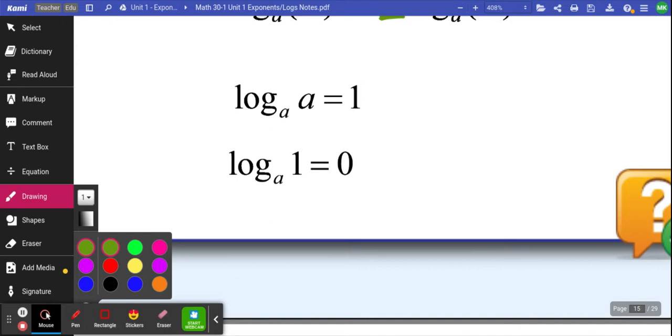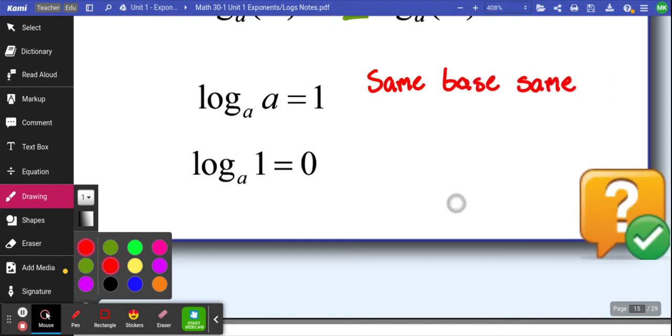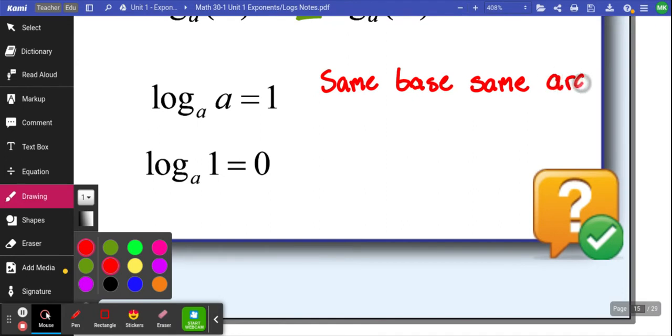Hey, I'm actually going to write that beside our little log law. Same base. Same argument. I've been avoiding writing the word argument officially because I'm not confident in that terminology. But that's what I call it, so let's all just call it that.